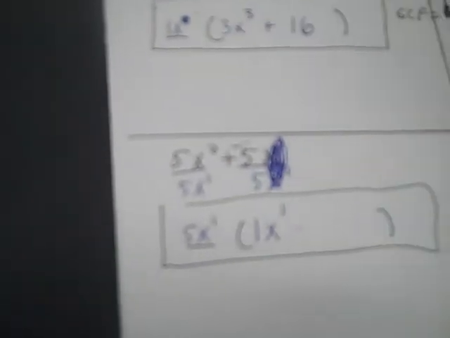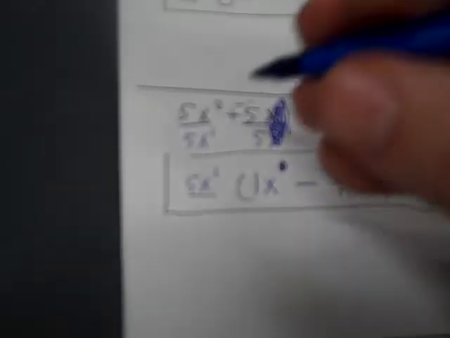Plus negative, okay? So I take negative 5 divided by 5. I got negative 1. So don't write plus negative 1. You write minus positive 1 if it's negative. And then those first powers can go away. Okay, so we have 5x times 1x minus 1.